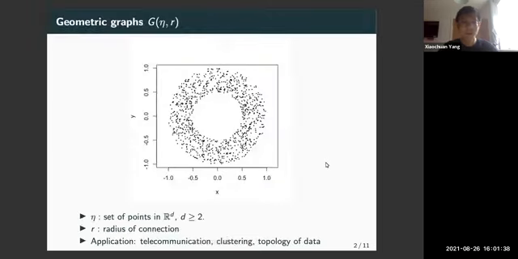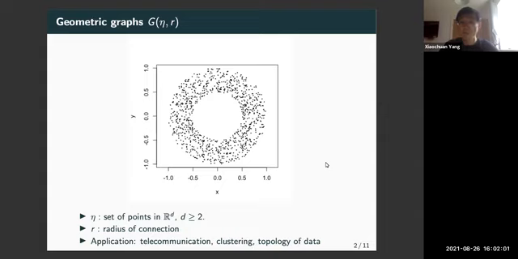Okay, so let me start with a small introduction about geometric graphs. Geometric graphs is a graph model, which is very simple to define. We need to specify two things. First is the set of vertices, which is given by a subset of R^d, where d is the dimension larger than or equal to 2.